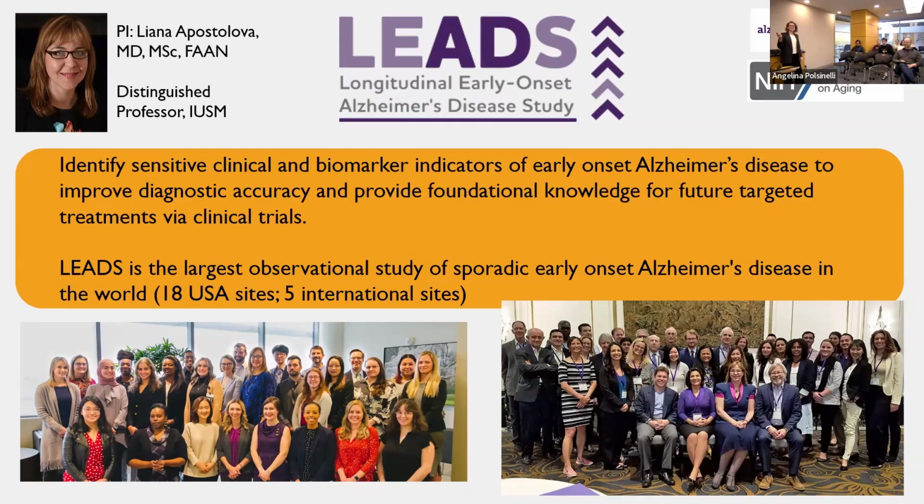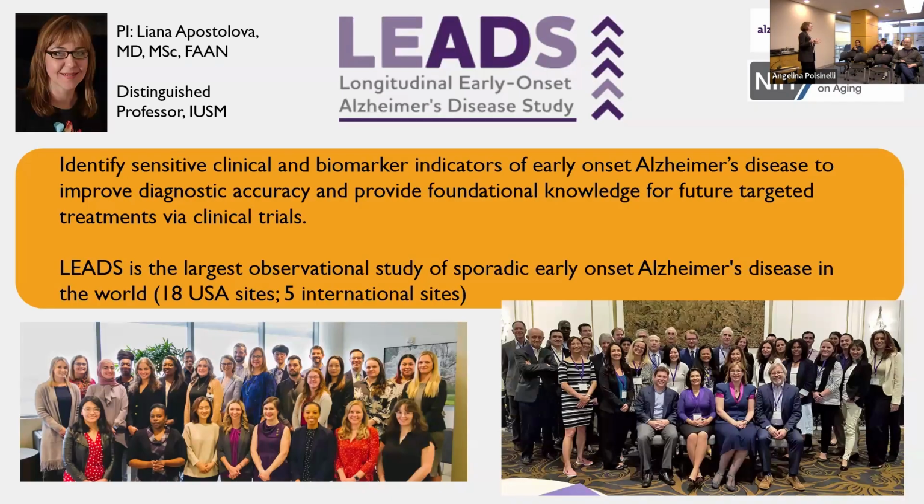So LEADS is a huge study. I think it's like a $45 million NIH and Alzheimer's Association funded study. 18 US sites and 5 international sites, including South America and Europe. Maybe we'll get one in Canada, I don't know.